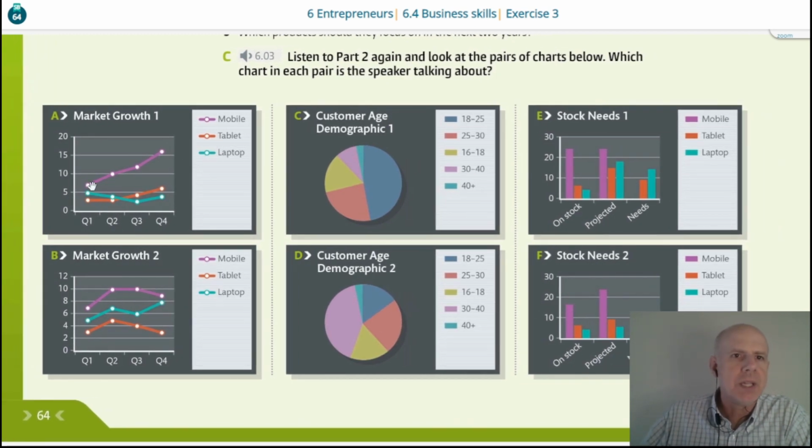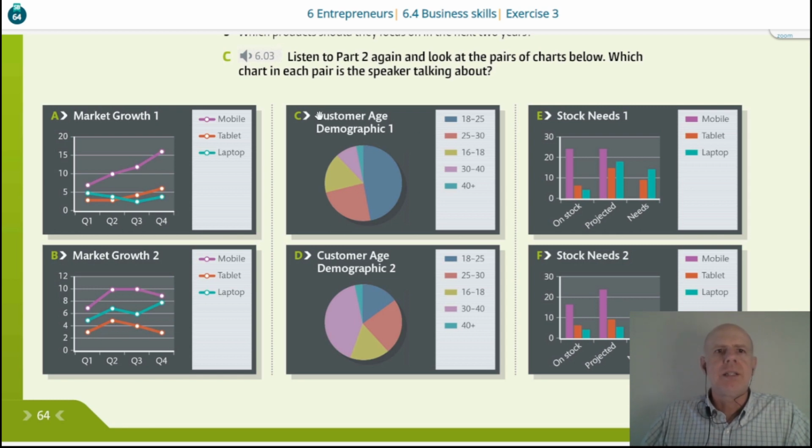A and B. You see mobile phones in purple, tablet in red, and laptop in green. And market growth. The mobile phones, laptops, and tablets.